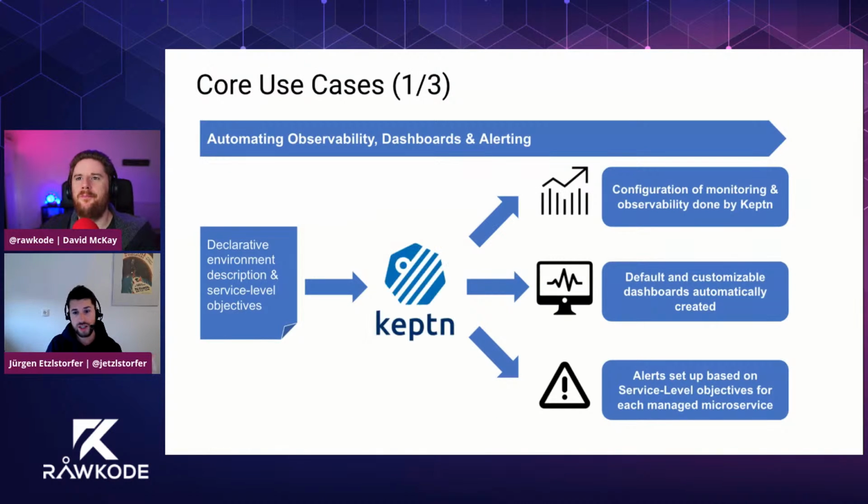So the first use case where I think Keptn already brings some value is when you start to manage your applications with Keptn, because Keptn can already configure your monitoring. Let's say your Prometheus: create the scrape jobs, create alerting rules in the alert manager, create dashboards in Grafana.